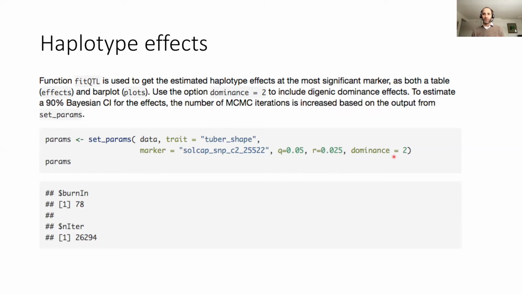And we can also tell it, well, we want to run a dominance model, so do we have to modify the number of iterations for a dominance model? So you can tell that with dominance equals 2. And you can see that, yes, indeed, with these new values, we have to use a lot more iterations. It says we need 26,000 iterations instead of just 600 when we did the scan. It sounds like a big number, but it runs in under a minute on a normal laptop.